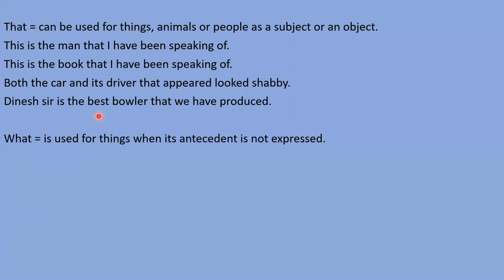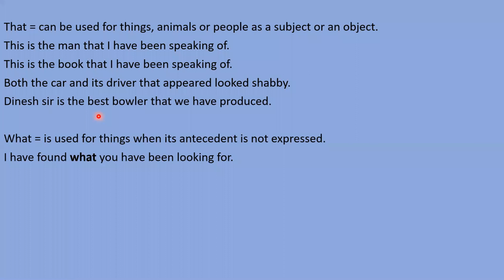Okay. Next, what is used for things when its antecedent is not expressed. We use what when its antecedent, I think everyone understood, is the word for which the pronoun is used. When the antecedent is not written there, not expressed there, in that condition we should use a word like what.